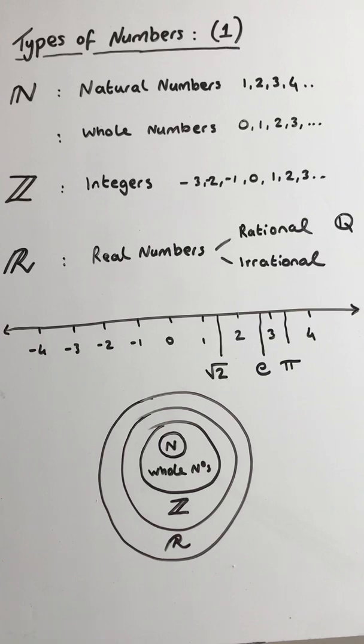Alright, so how about we watch through this quite a few times. I'll go into more depth in other videos on these, but these are the main ones that you'll come across in high school. Your natural numbers, your whole numbers, your integers and your real numbers.